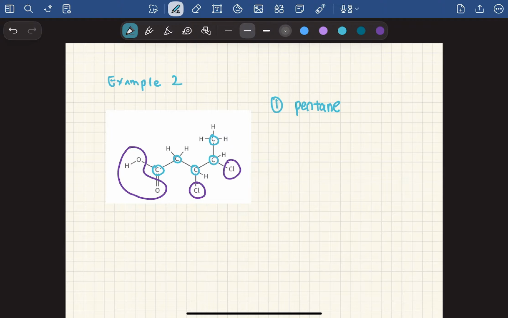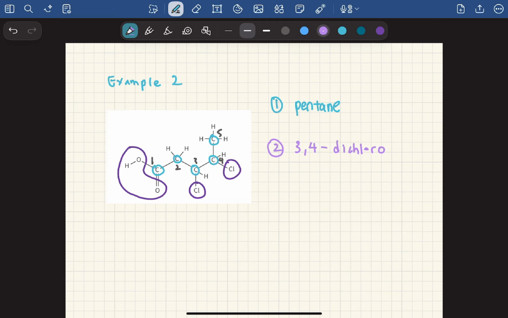They're not branches or functional groups that we're looking for in the name. So now that we've circled these, we can tell that we have to order carbons starting from here. So 1, 2, 3, 4, and then 5. So again, let's start by naming these chlorines. We have 3, 4, and then dichloro.